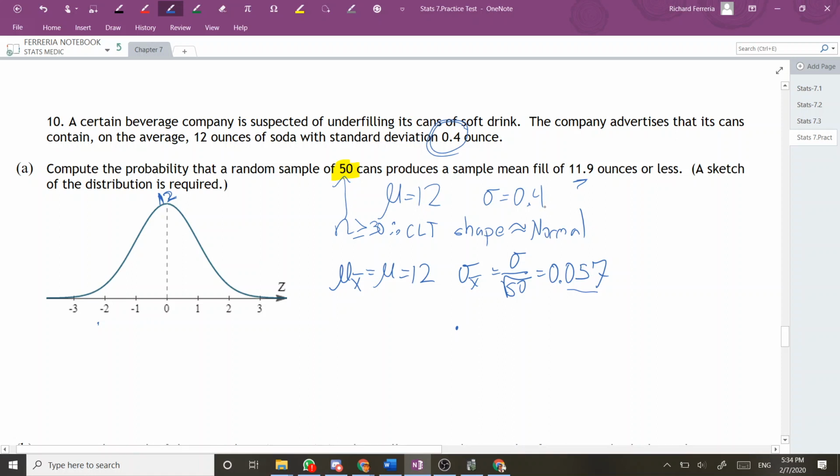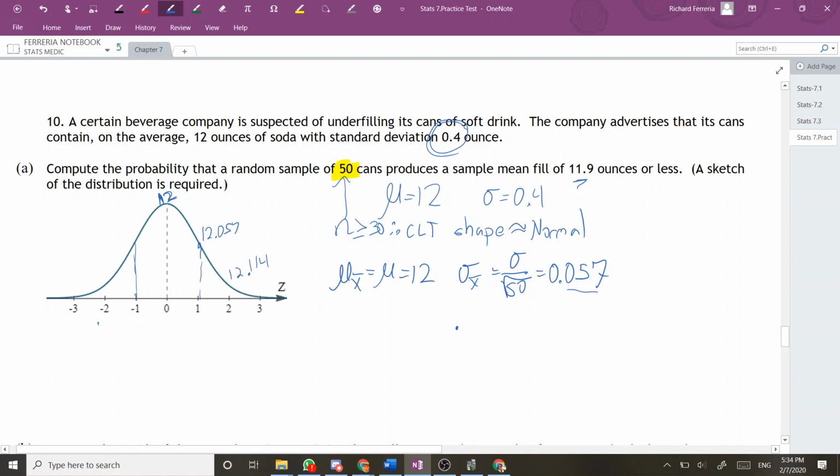Okay, so that means that here at 1, that's going to be a fill of 12.057. And 2 standard deviations would be 0.057 multiplied by 2, which is 0.114. Over here at -1, I don't know if we're going to need that, but we might as well do that.